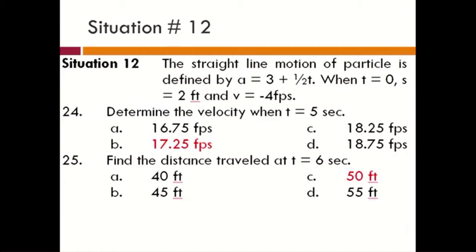Okay? And its velocity is negative 4 feet per second during that time. Siyempre, kapag binigyan ka ng ganyan na given, most probably, alam mo na mag-i-integrate ka. Kasi those will be used para ma-solve yung constant of integration.